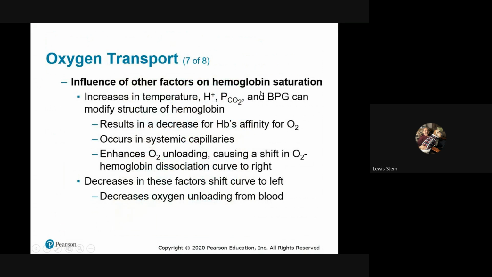So the other factors that are there: increases in temperature, acidity, PCO2, and this BPG molecule modifier.